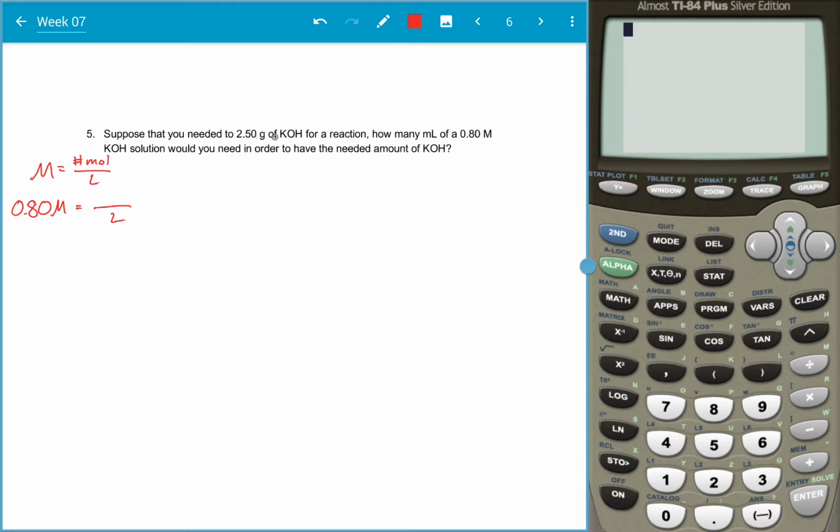If I look, I have a mass of potassium hydroxide that I can convert into moles. So, if I take my 2.50 grams of potassium hydroxide, I can convert that into moles by using the periodic table.